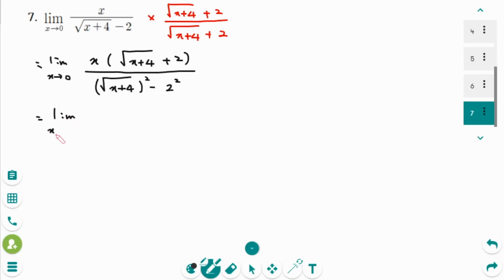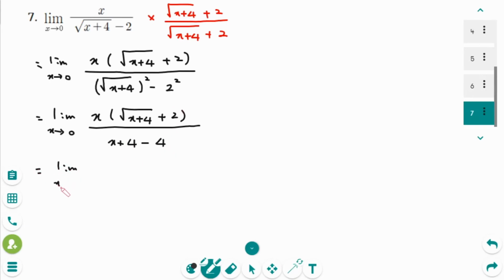and then limit as x approaches 0, so keep the factored form, over x plus 4 minus 4. Then 4 and minus 4 cancel.